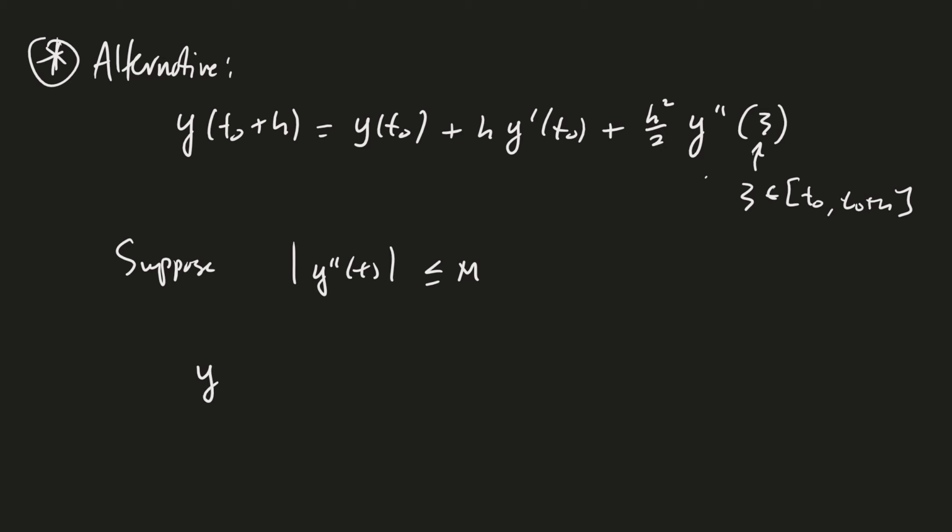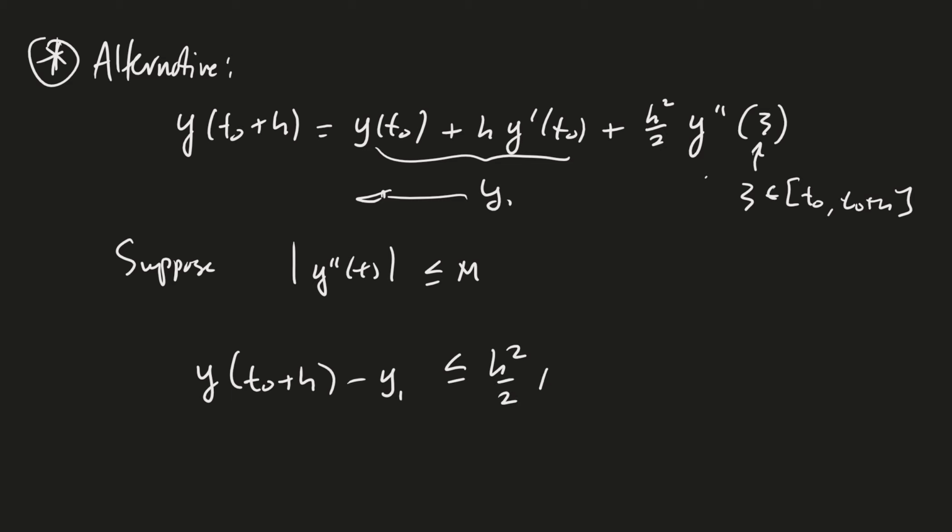We can write y of t0 plus h, in fact maybe I'll go ahead and make this my y1 again and bring it over to the other side. So the error is now less than or equal to h squared over 2 times M. Okay, and so now we have a really good upper bound on our error, right?